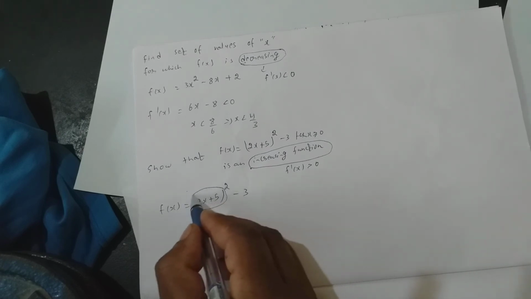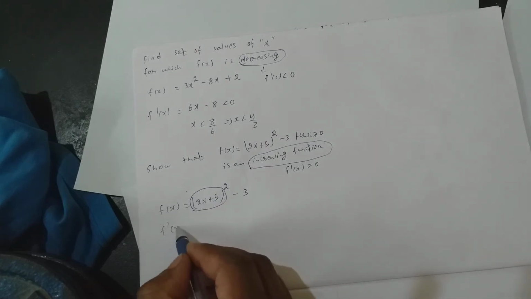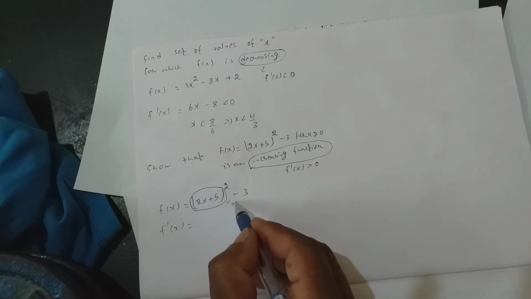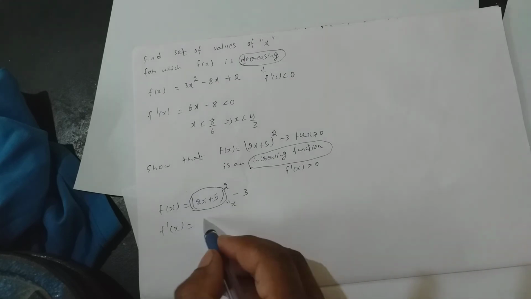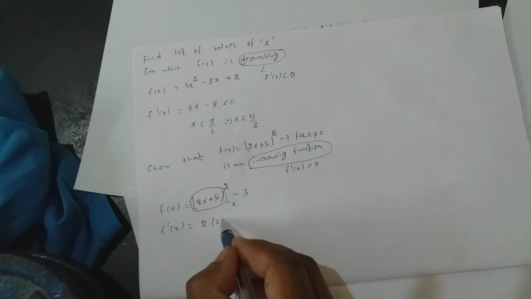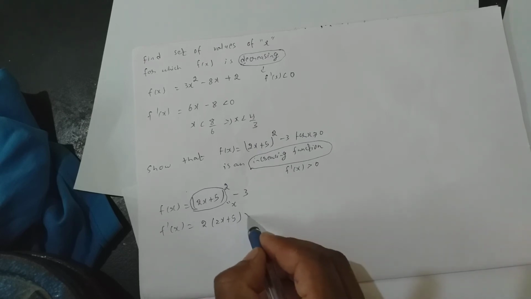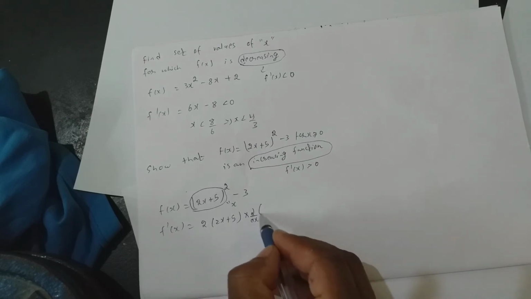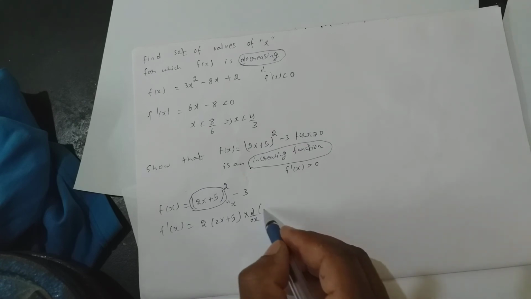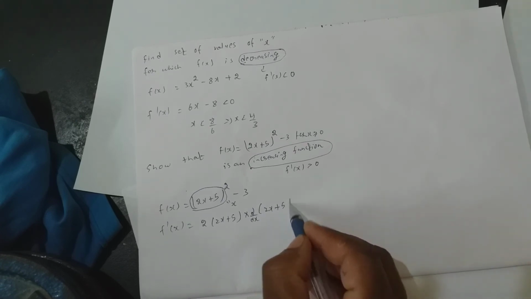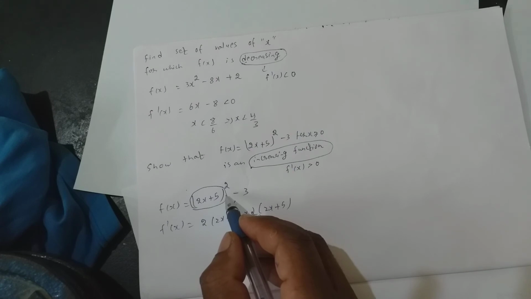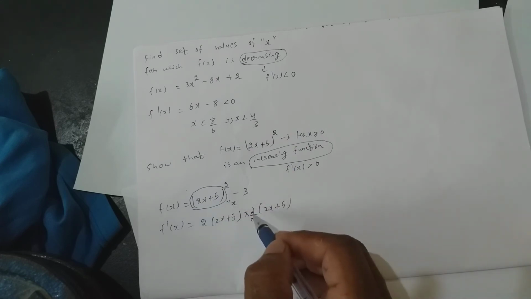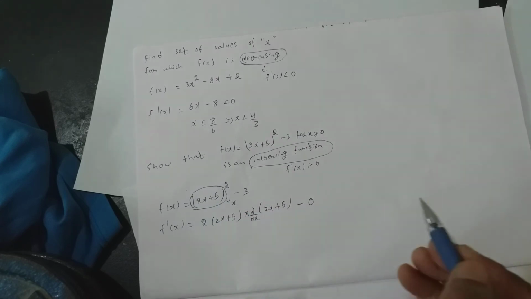I cannot differentiate it directly. So my f dash x equal to, I assume it to be x first. So x power 2 is 2x. So 2 into 2x plus 5 into d by dx of, in place of x, whatever you assumed. Remember this entire expression has got the power, so you need to do it in this way. And for 3 it is 0.